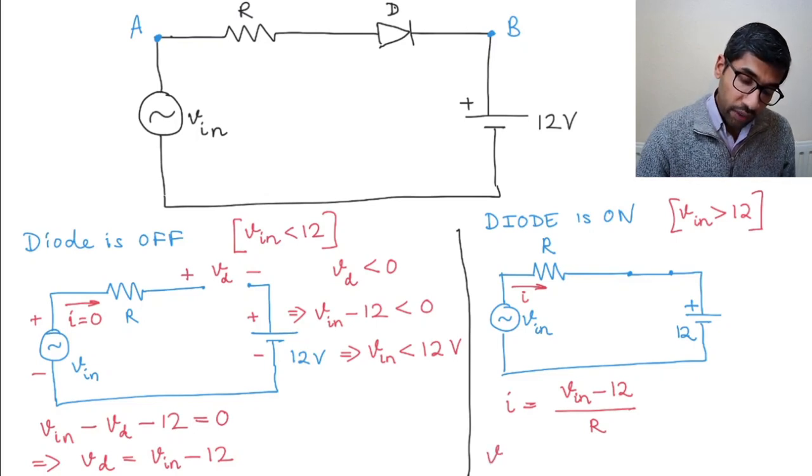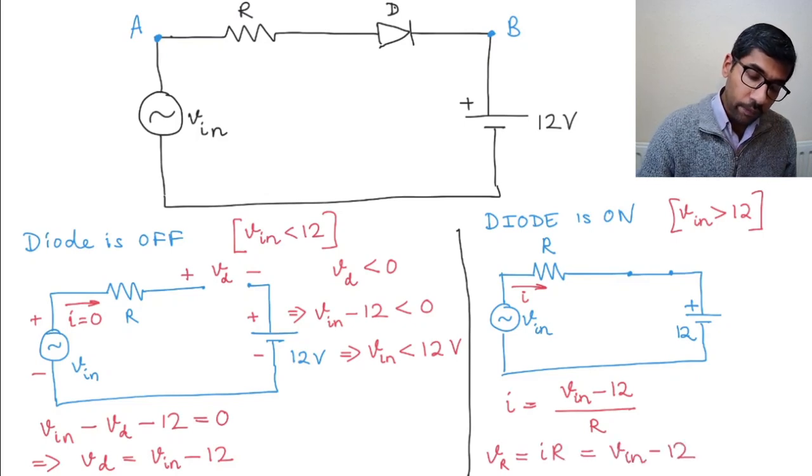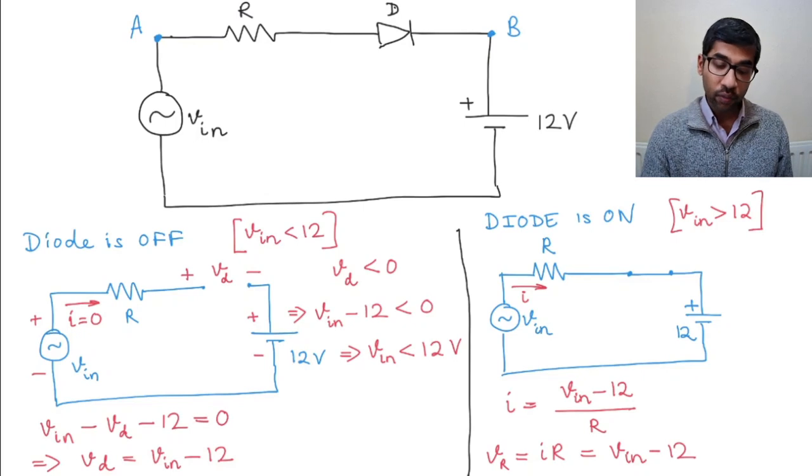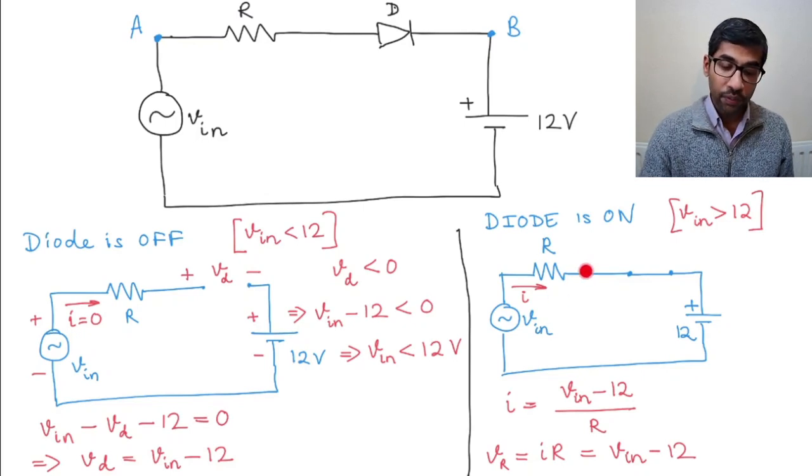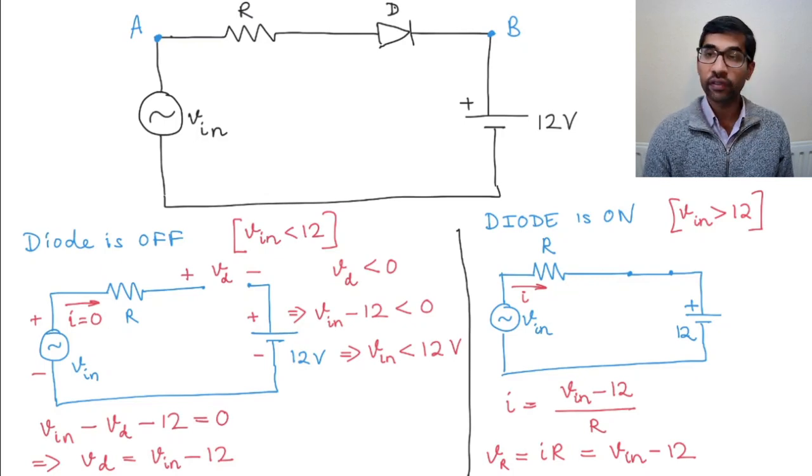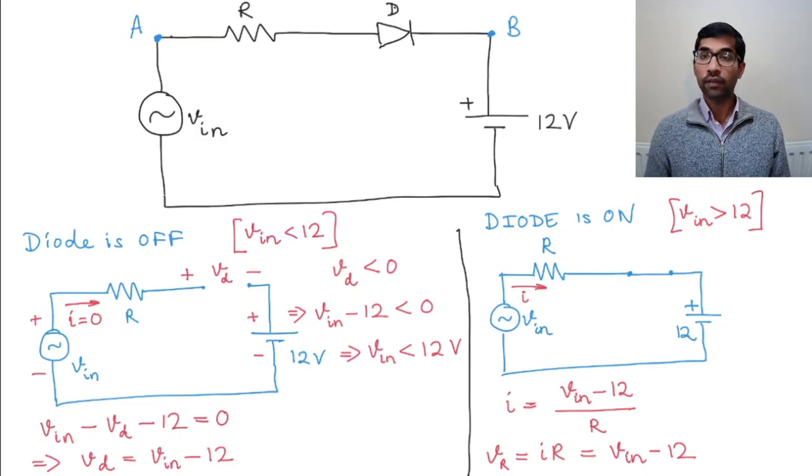The voltage VR is I times R, which is equal to Vin minus 12. So when Vin is greater than 12, the voltage across this resistance is going to be Vin minus 12. And when Vin is less than 12, the voltage across this resistance is going to be 0. Hope that makes sense.